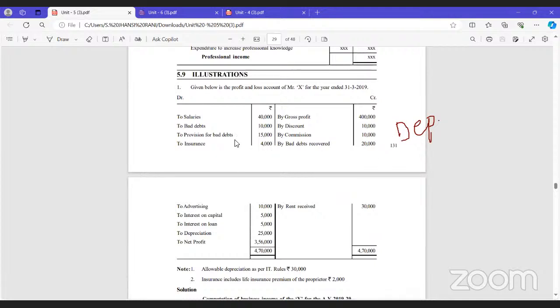You can just look at here. Given below is the profit and loss account of Mr. X for the year ended 31st March 2019. Actually, this will not be 2019, it will be 2020 only. It's an old version, so it is given like this, not a big issue. So this is the profit and loss account given to us.